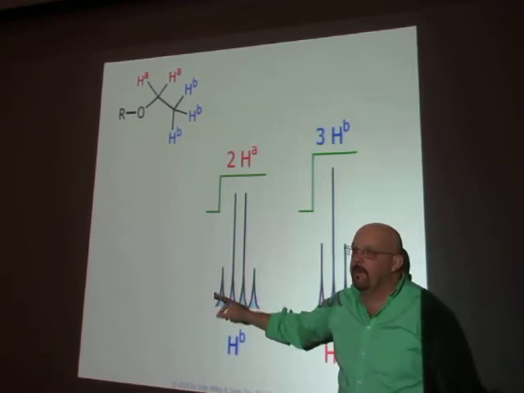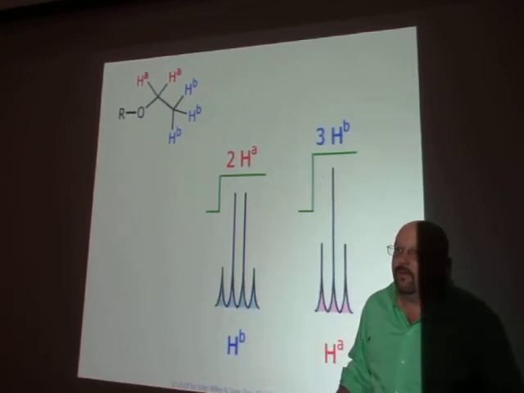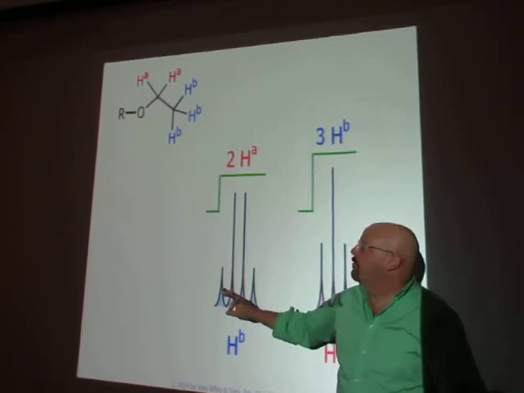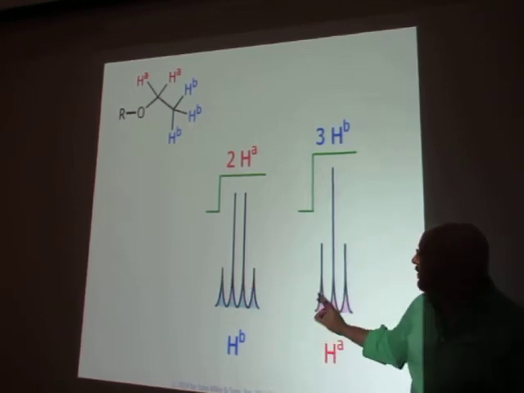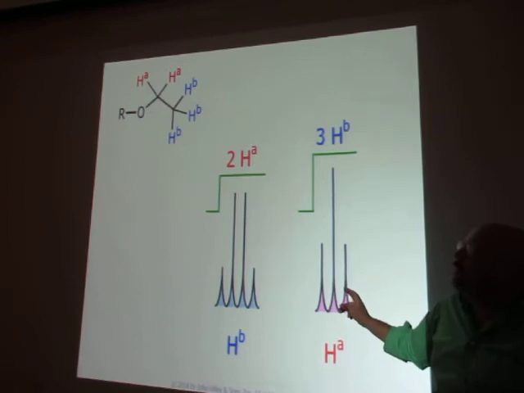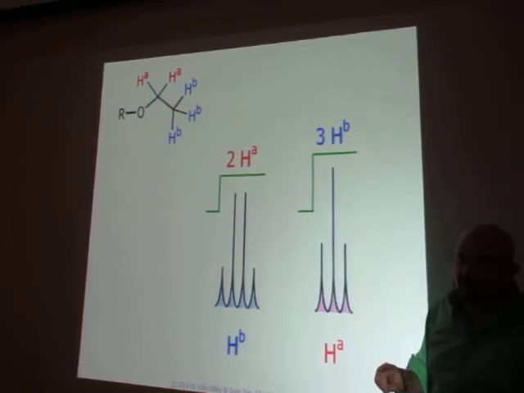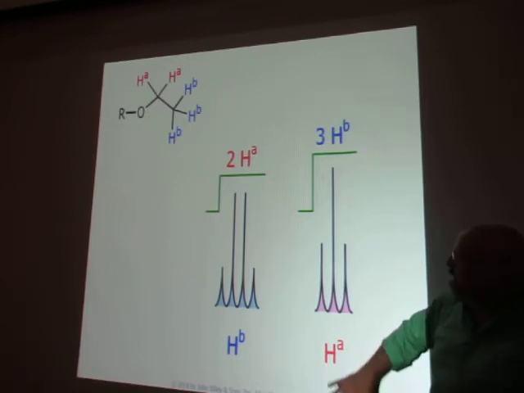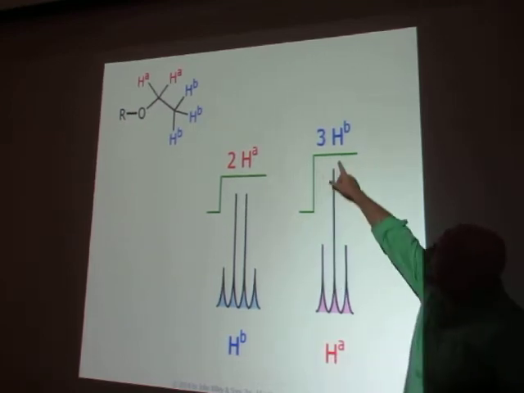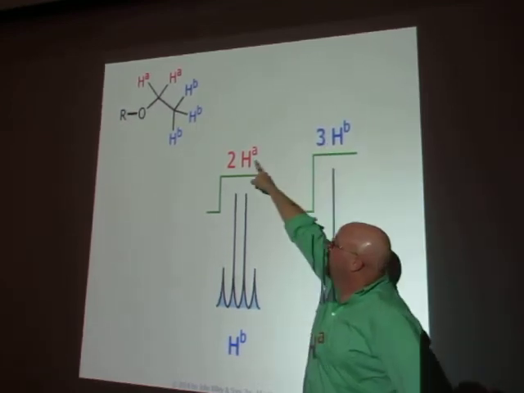They're talking about the splitting. So this splitting is due to the blue protons, and this splitting here is due to the red protons. We'll deal with that in the next slide. This is the blue protons and this is the red one.